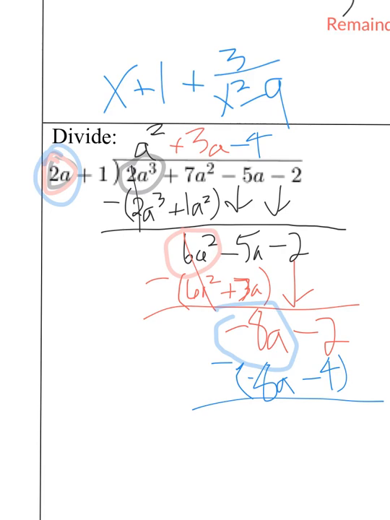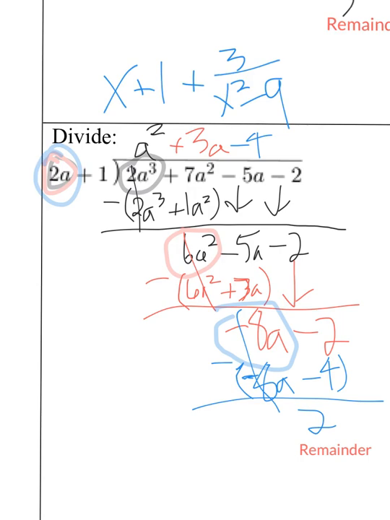Put a minus, so these cancel. And you have negative 2 minus negative 4. So negative 2 plus 4 is positive 2. So that's your remainder, because you can't do 2 divided by 2a because it doesn't have an a with it.